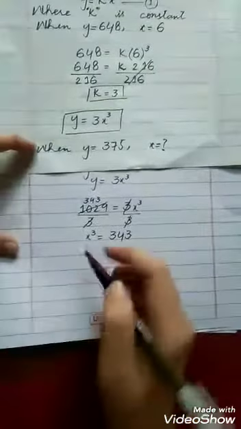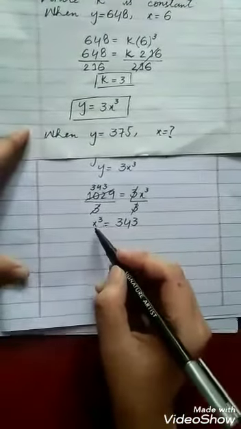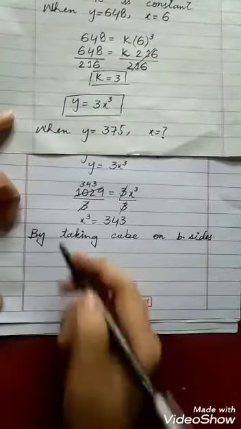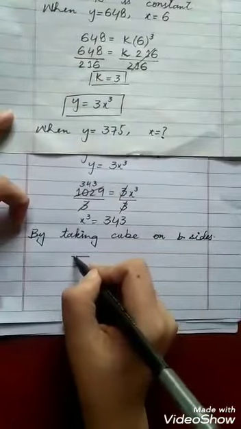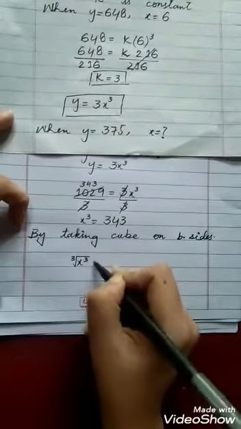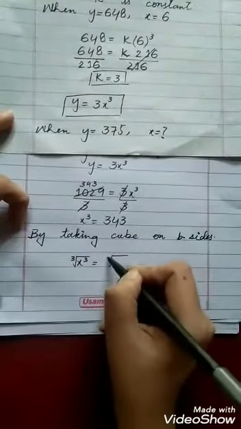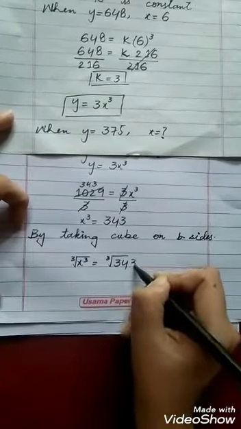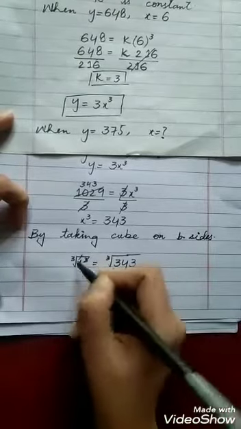Again we will take the cube root on both sides because we don't need x cube, we need x. The cube root of 343 will cancel the cube.